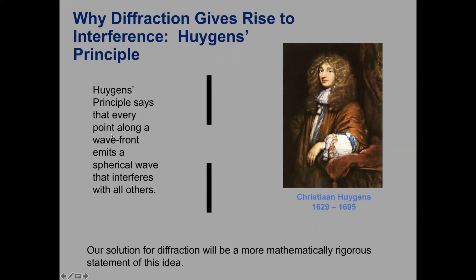He stated that if you have a plane wave, you could think of that as being made up of many different really small spherical waves. Let's say we had a plane wave here, a wave crest approaching our slit. That wave crest can be thought of as being made up of a lot of overlapping, very small spherical waves that he called wavelets.